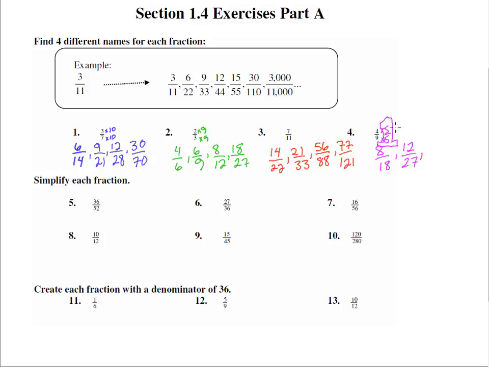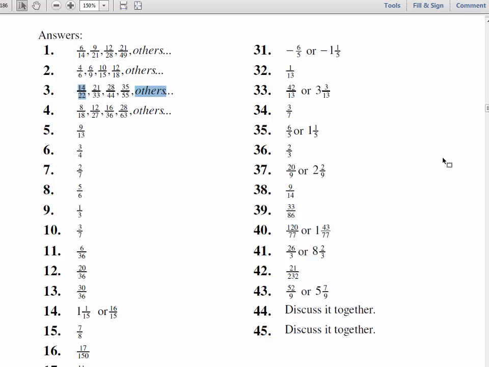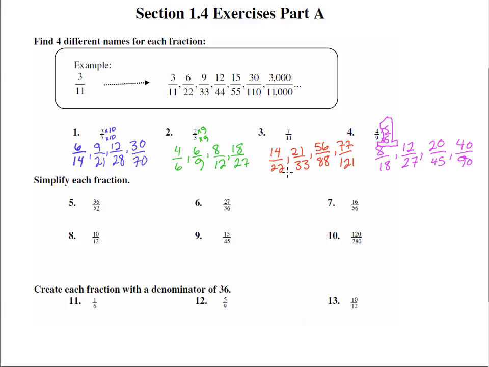It's a special 1. 4 times 5 is 20, and 9 times 5 is 45. Good. Let's try another one. 10 over 10. That's a nice easy one. 40 over 90. Yeah, I like that. And there we go. 8 over 18, 12 over 27. So we matched a couple of them, but there are a bunch of others. There are billions of other answers that you could have.